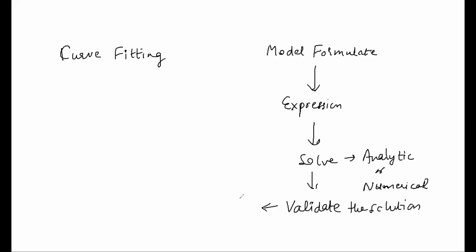Validation means you compare the values with experimental values, or with real data for some problem for which real data is already available. It may not be possible for every problem, but for many problems we have real data available. So we can test our model on that data and conclude whether our model is accurately predicting the real values or not, or what is the difference.